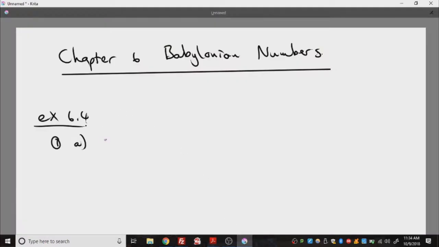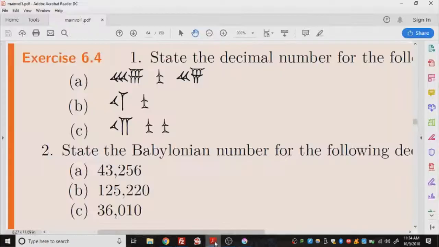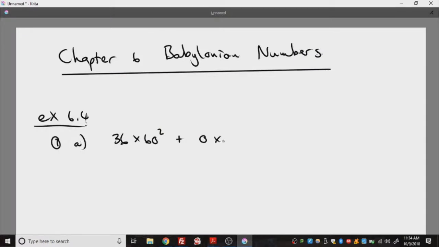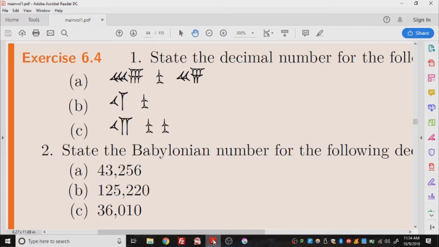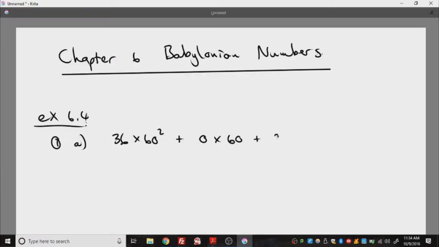Fine. Nice in the video to see it. All good. 36 times 60 squared plus nothing. But I'll emphasize that I did consider that, and it's 0 groups of 60. And then 25 left over. You put it in your calculator. You can put it again.